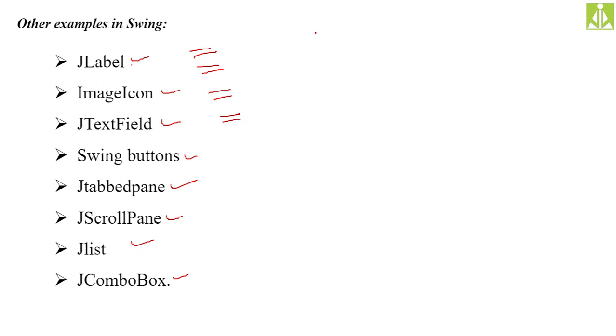So for every predefined class, what are we going to have? First we will have the constructors, parameterized and overloaded constructors. Then we are going to have constants, which are nothing but variables defined in that predefined class.